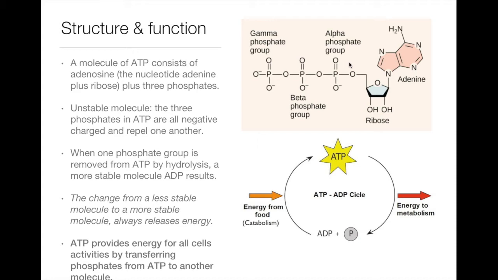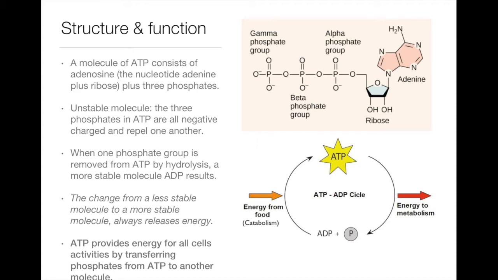You see, ATP is called an unstable molecule because the three phosphates in ATP are all negatively charged and repel one another. So when a phosphate group is removed from ATP by what procedure?